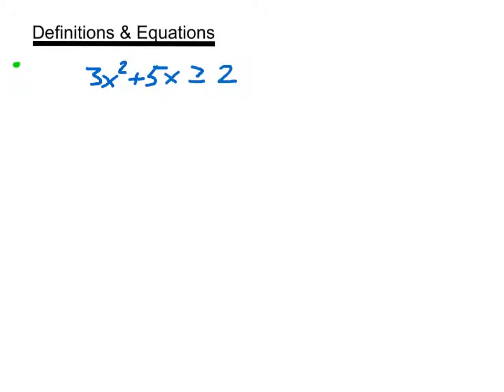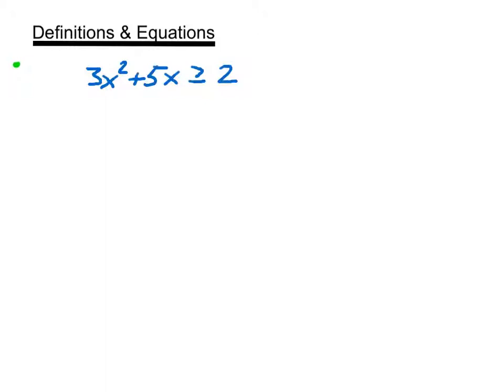You run into a problem because eventually you'll have to multiply or divide by x, which is a bad thing in inequalities. And I urge you to look at the opening problem in Chapter 19 to get a really good illustration of why we can't multiply or divide by x when we're dealing with inequalities.